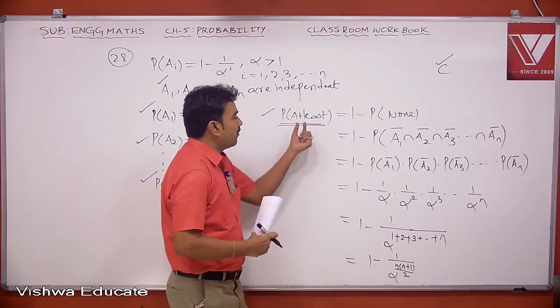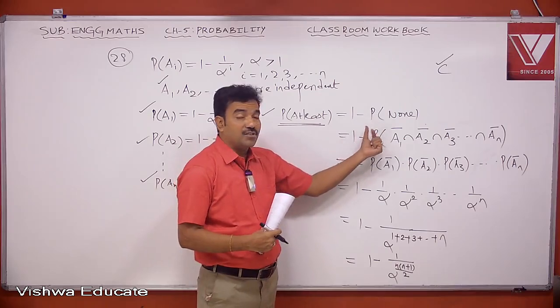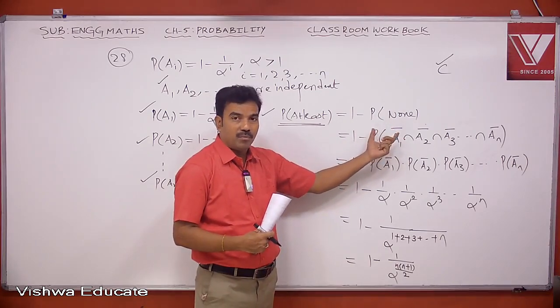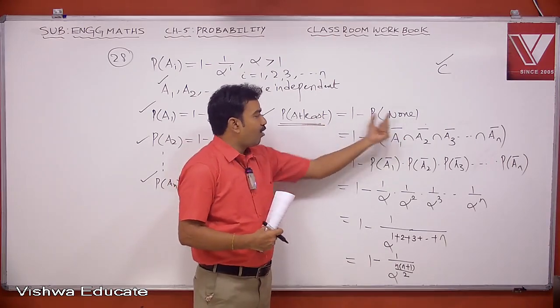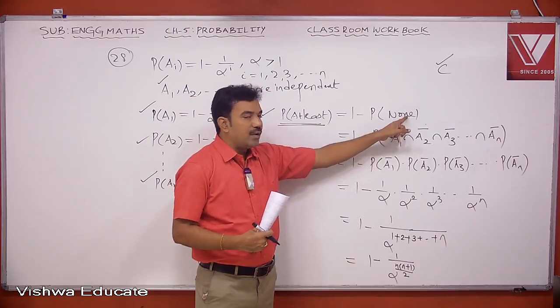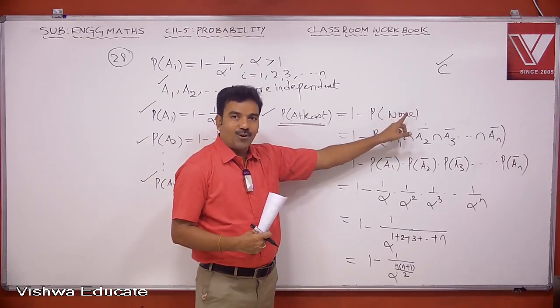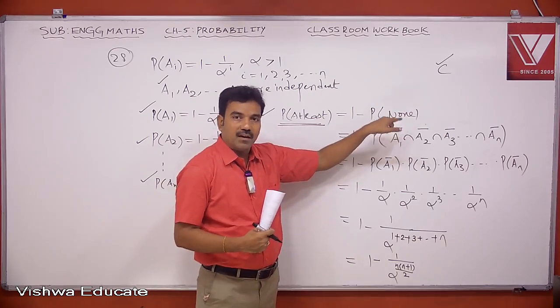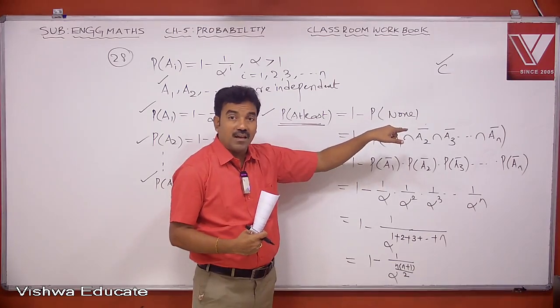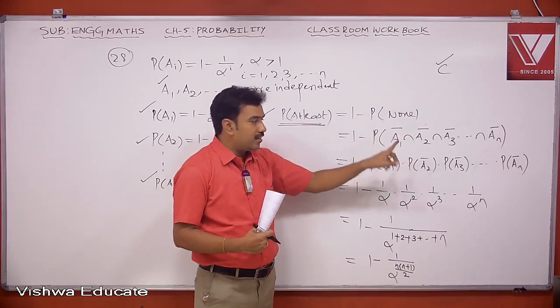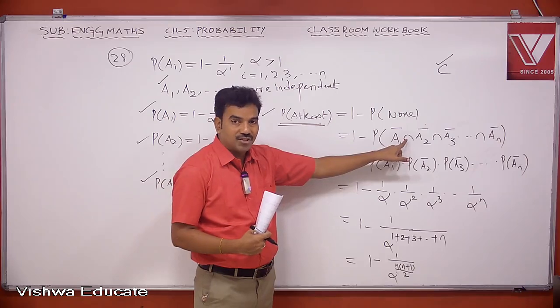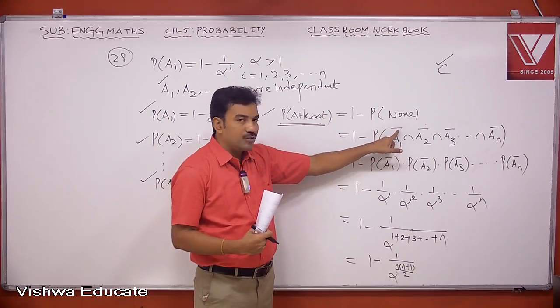The probability of at least one event is 1 minus the probability that none of the events occurs, which is the complement event. So no event should occur: A1 should not occur and A2 should not occur and A3 should not occur and so on, An should not occur. Since it is 'and', the symbol we use is intersection, and for complements we use bar.